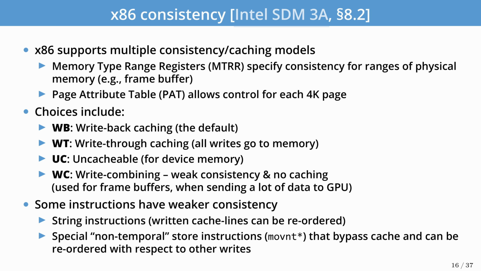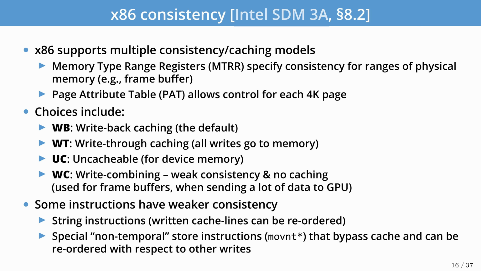An uncacheable model, which is often used for devices where we do not want to do any caching whatsoever, and we want every load and store in the instruction set to map to an actual read or write operation. When we talk about device memory, we'll see this again. And write combining. This is a weak consistency model with no caching that's often used for graphics data, where we want to send data through to memory.